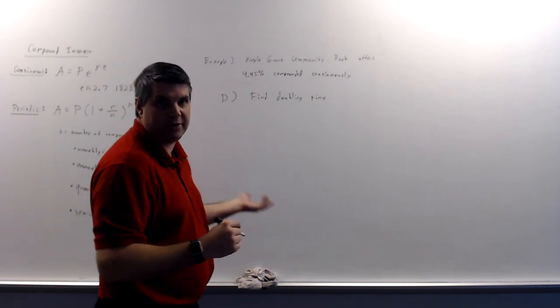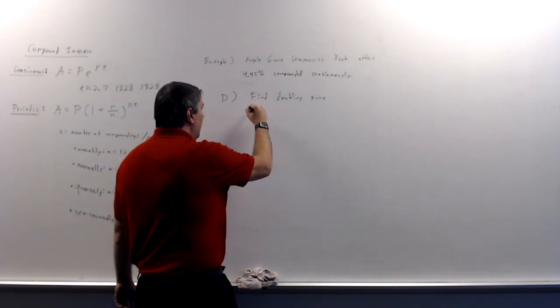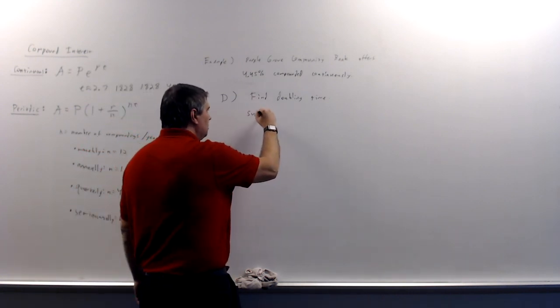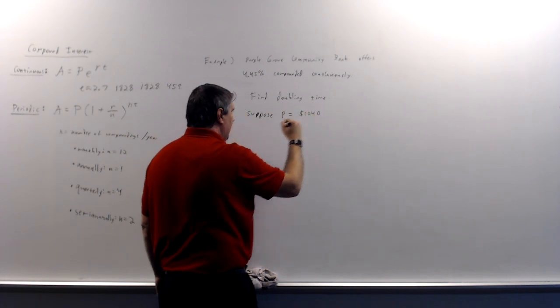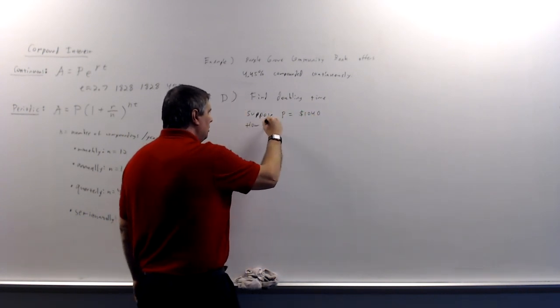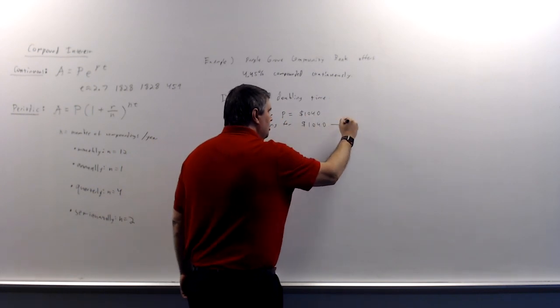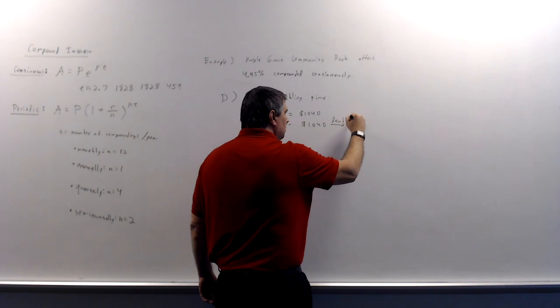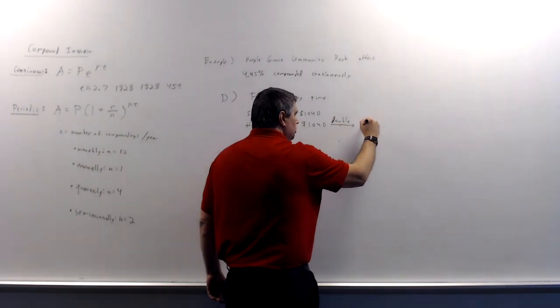But we've been using 1,040 for a deposit, so we'll use 1,040 for a deposit. Suppose P is 1,040. How long for 1,040 to double to 2,080?